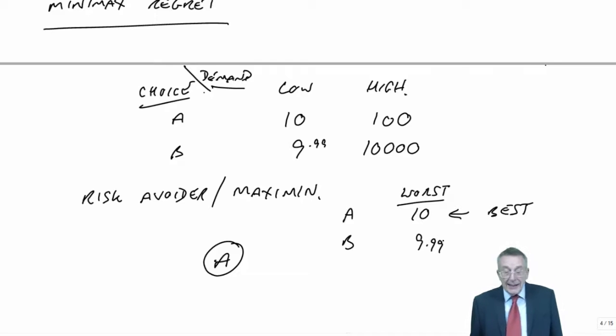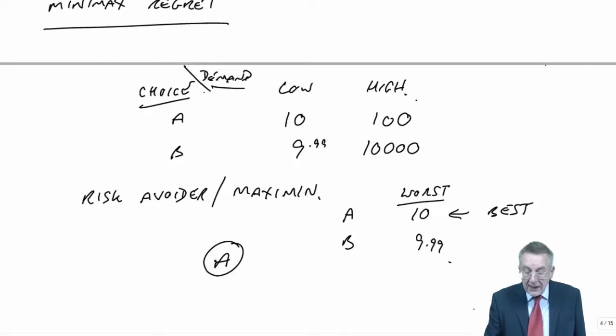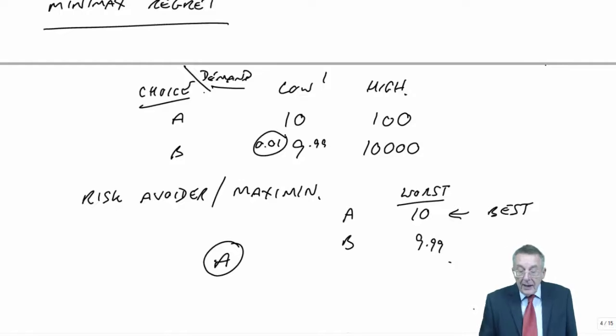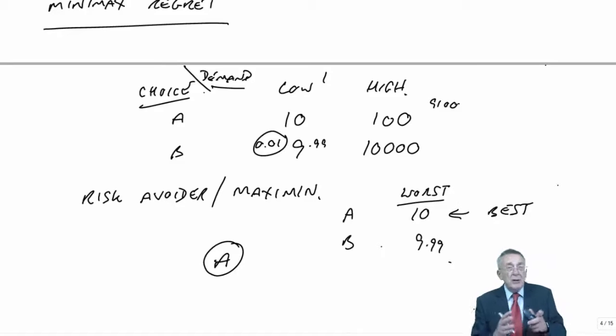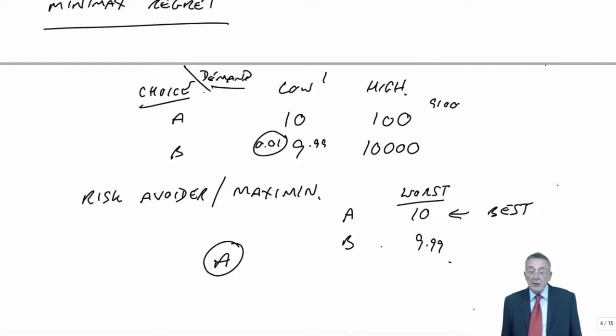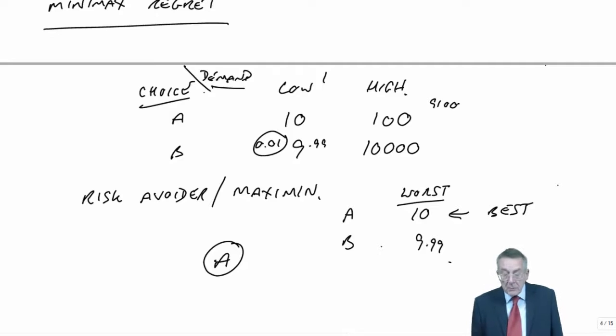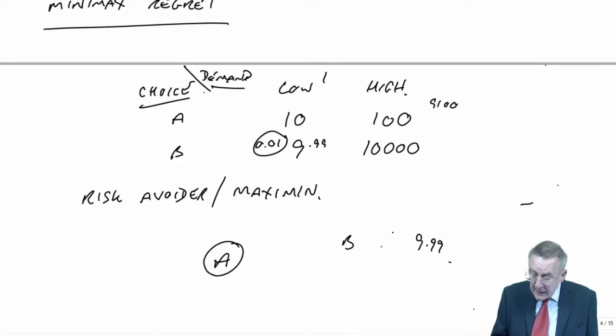We look to see how much we are losing if we've made the wrong decision. If it's low and I've picked B, we lose 1 cent. If it's high and I've picked A, we lose 9,100. I think you see what I mean. We're going to look at how much we lose if we make the wrong decision. So that's basically what we're going to do.